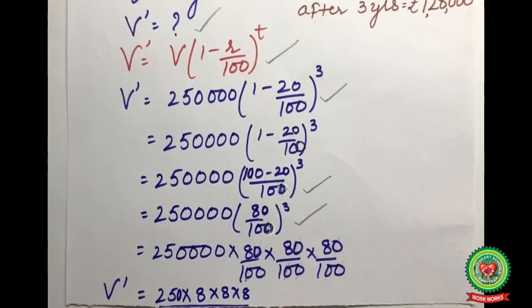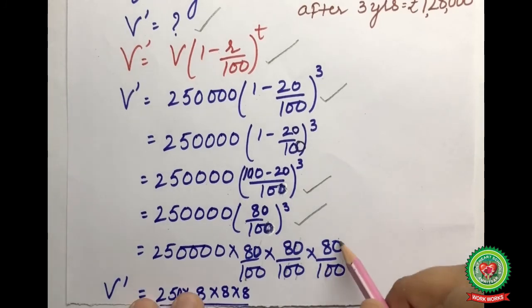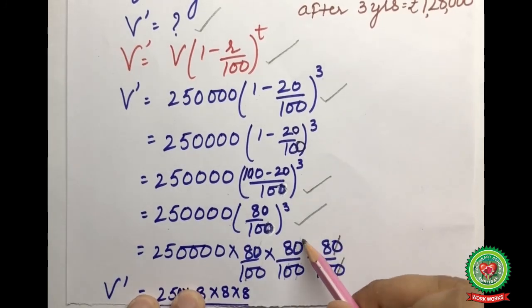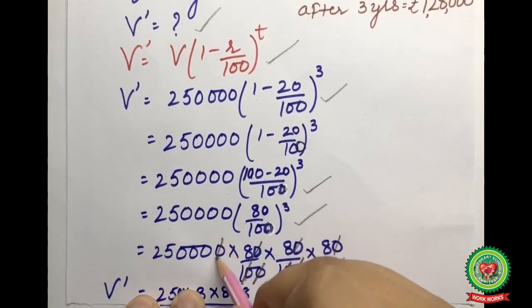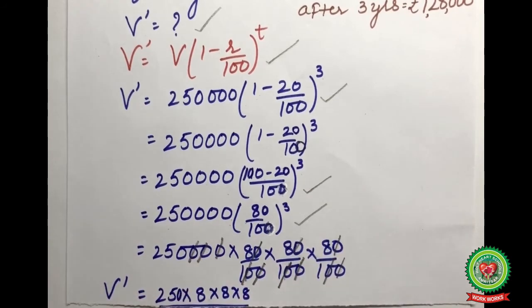So now students, we are going to do the cuttings of all the zeros. So this 0 can be cut with this one. This can be cut with this one. This with this one. And these 3 zeros can be cut with these 3 zeros. So after doing cutting, we get 250 multiply by 8 multiply by 8 multiply by 8.